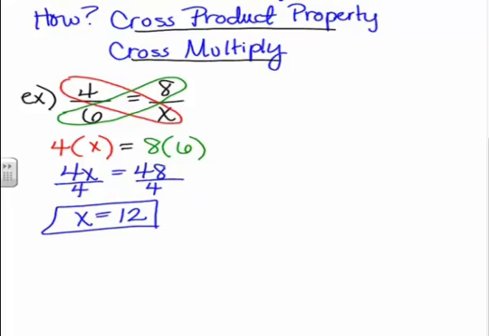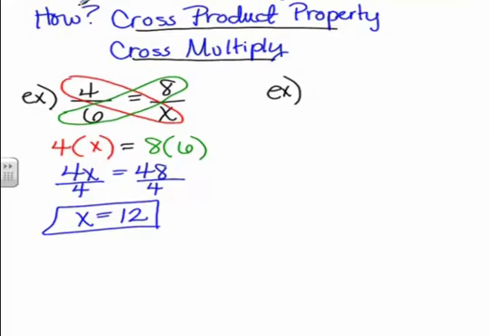All right, let's look at another one. So what if I had 2 over 7 equals 8 over w minus 2? Still a proportion. We have a ratio that is equal to another ratio. It just looks a little more intense. We're going to do the very same thing though.